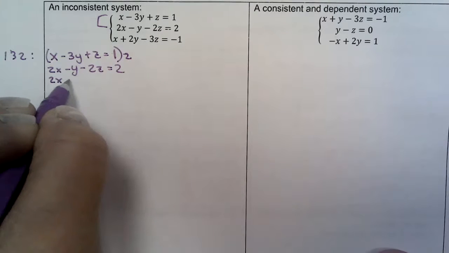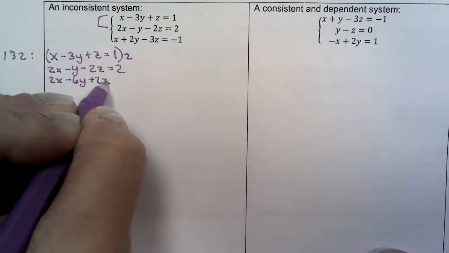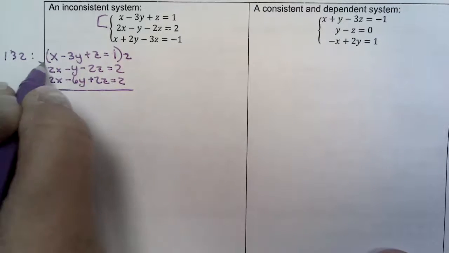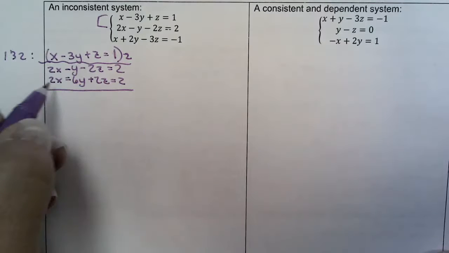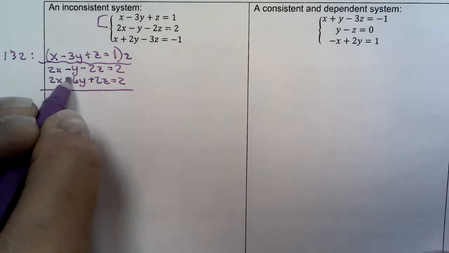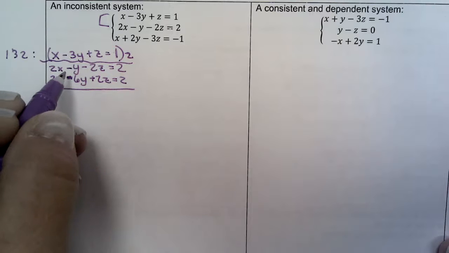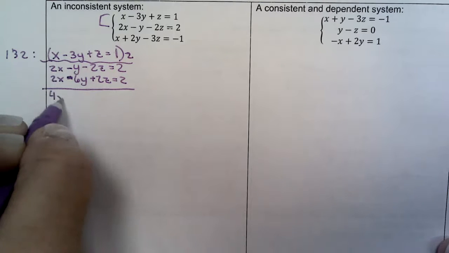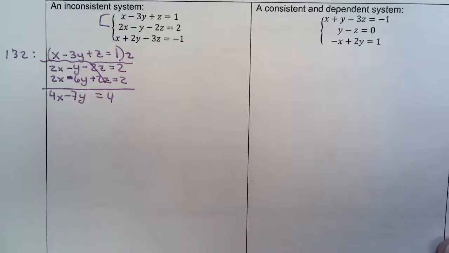So that'll give me 2x minus 6y plus 2z equals 2. All right, so now I'm going to combine these two. So that's minus, not an equal sign. Okay, so I'm going to wind up with 4x minus 7y. Those go away, equals 4.